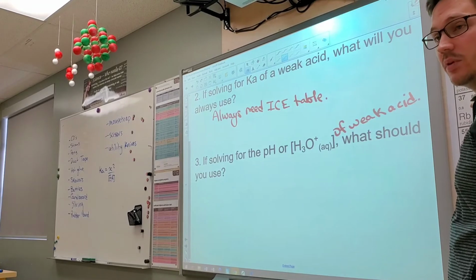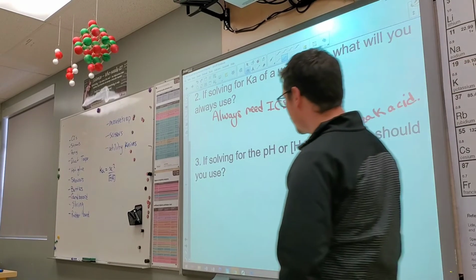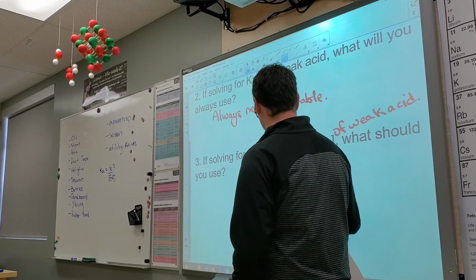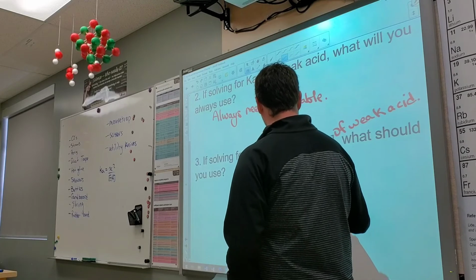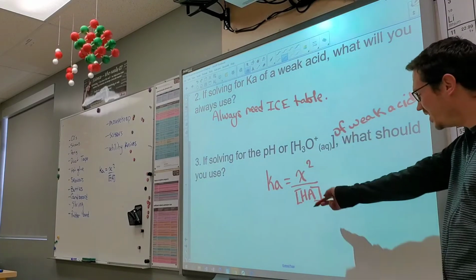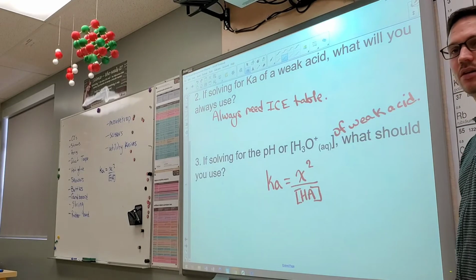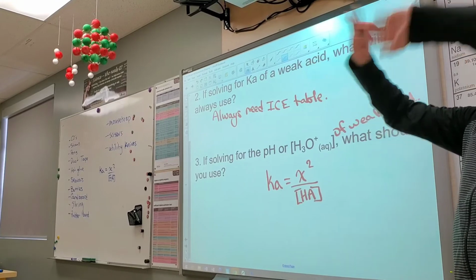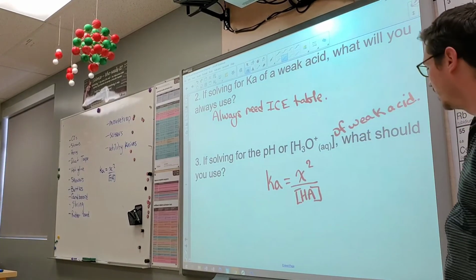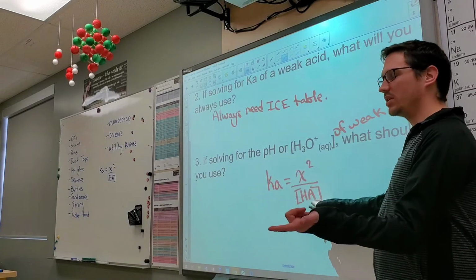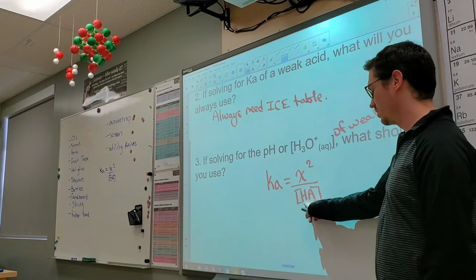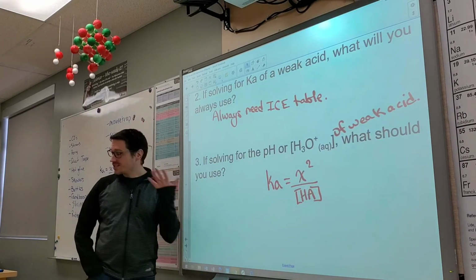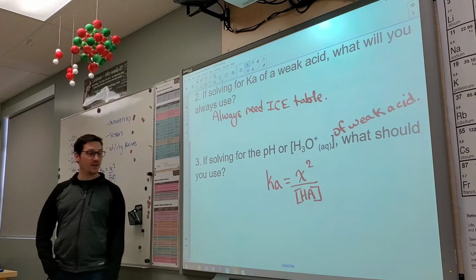We can use an ice table, or we can jump straight to this relationship. Do we know what HA means? It's weak acid, any weak acid, right? Just whatever weak acid you want to talk about. Because a weak acid, how many protons does a weak acid give away when it reacts? 1. So you only need 1 to show that, okay? So that's what we can do. It's easy peasy lemon squeezy.